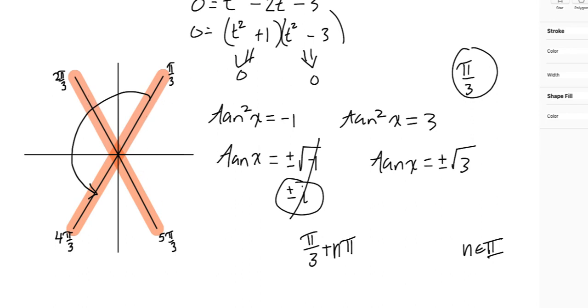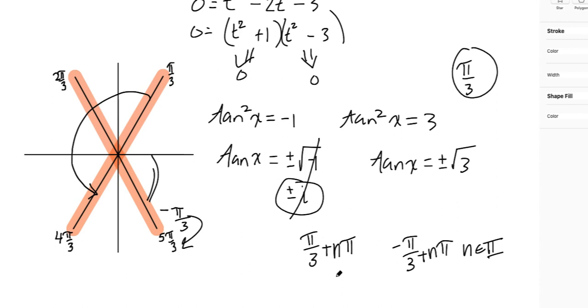Now your text chose to talk about this as negative pi over 3, which makes sense. So your text had the answer negative pi over 3 plus, again, the series of pi's, so n pi over 3.